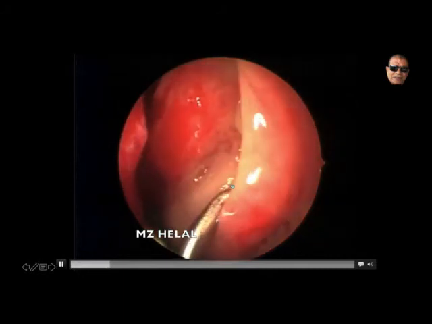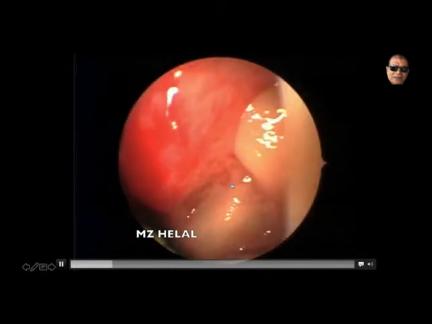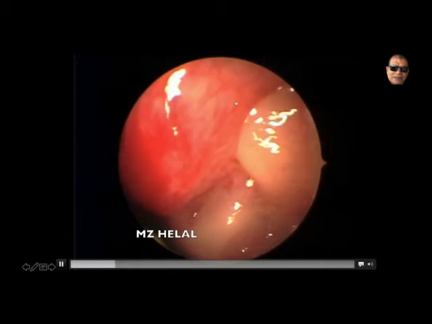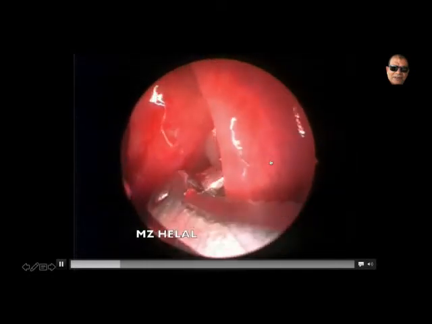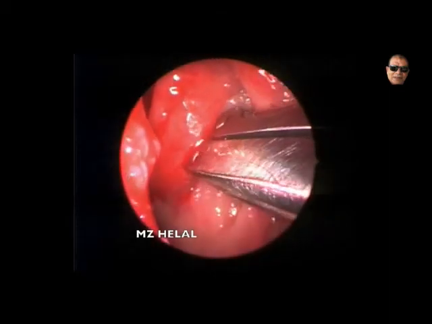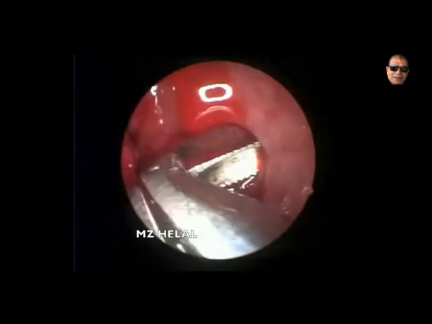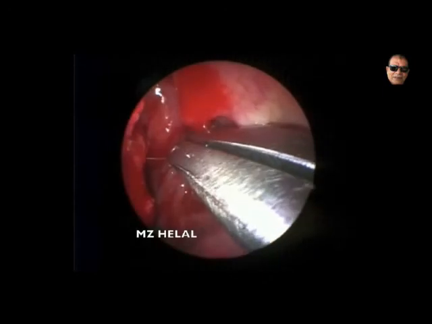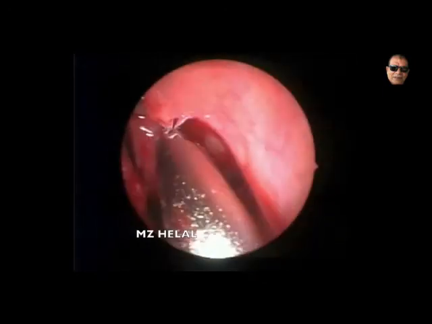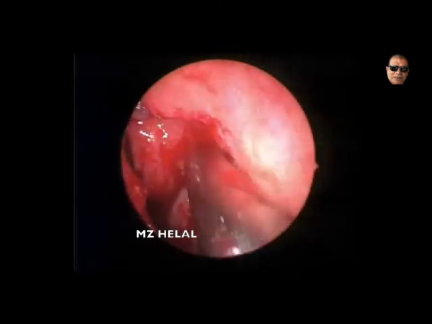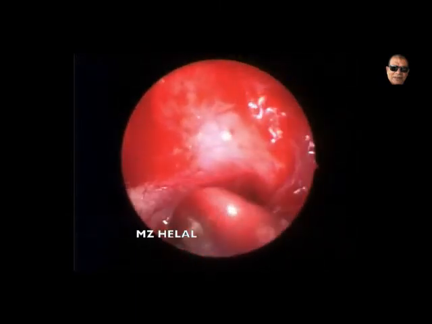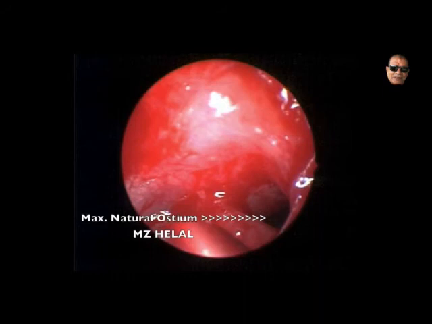This is the uncinate process, and if you deliver the uncinate process anteriorly, you can see the polyps narrowing the natural ostium. The best way to do middle meatal antrostomy is to use the backbiting forceps, because it is neat and you dissect what is important, and the sickle knife is not good. And here is the natural ostium of the maxillary sinus.